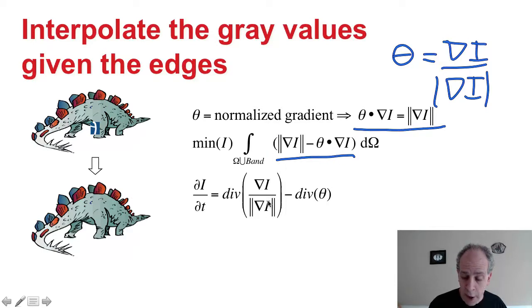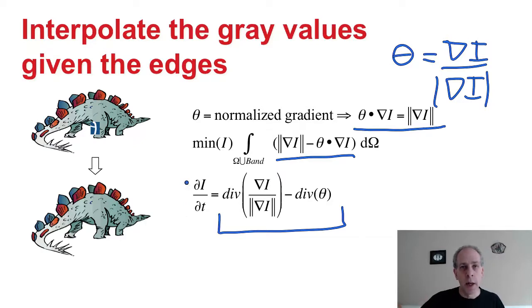The Euler-Lagrange of this is what we have here. And as we have seen many times, we deform the image in time according to the Euler-Lagrange, and then we go to steady state.